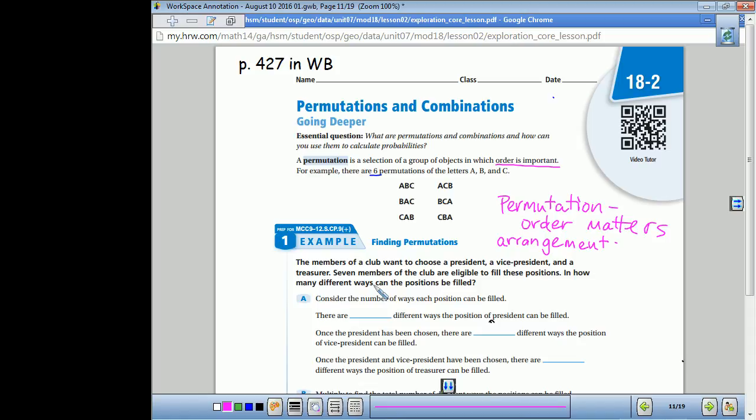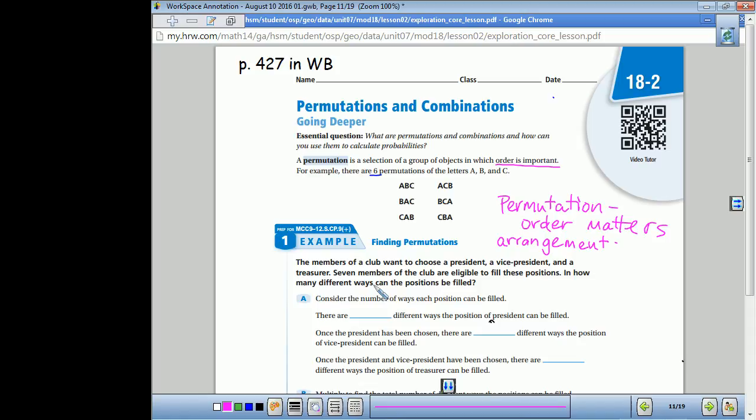Okay. So sometimes the order matters. And so if we're running a race, the order of finishing matters. If we're in a Miss Star's Mill, the order matters. If we get first runner-up, we're getting scholarship money. That matters. Okay? So when order matters, then what we're looking at is a permutation. All right?